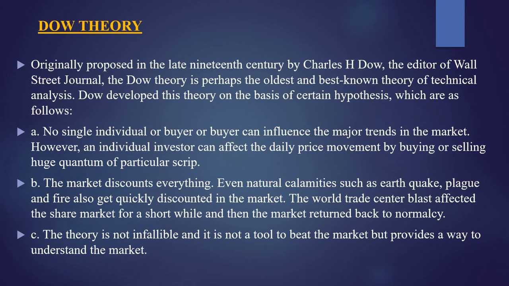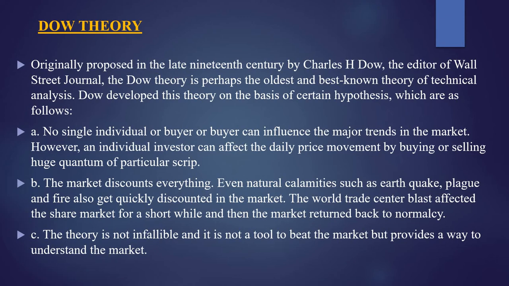Next is Dow theory. Under technical analysis, one of the most famous theories is the Dow theory. Originally, this Dow theory was proposed in the 19th century by Charles H. Dow, the editor of the Wall Street Journal. The Dow theory is perhaps the oldest and best known theory of technical analysis.